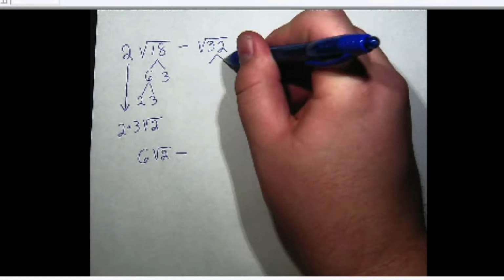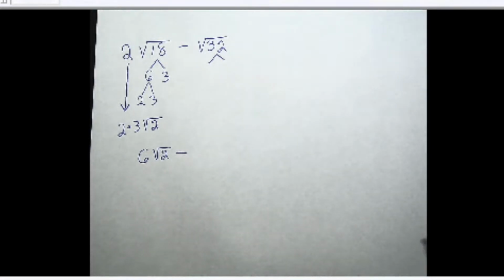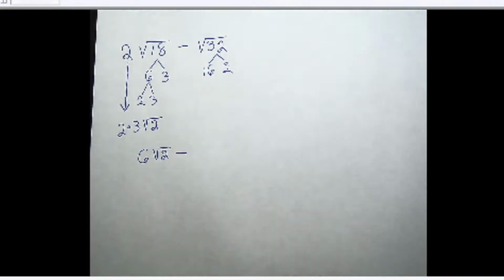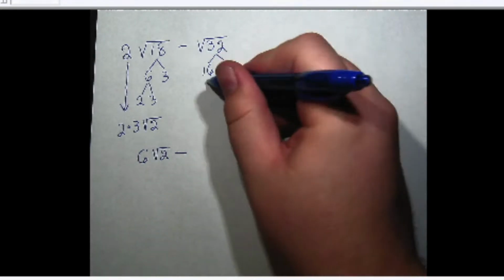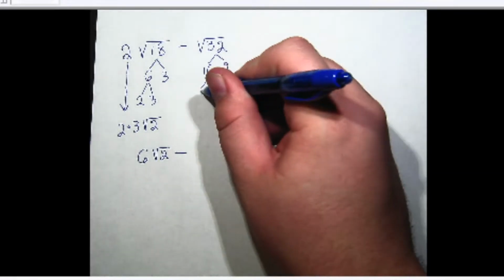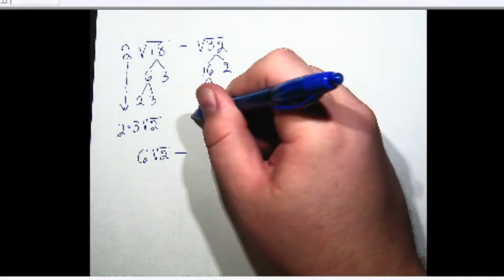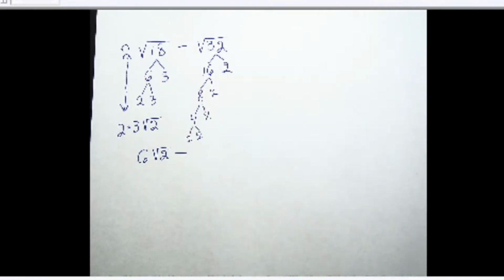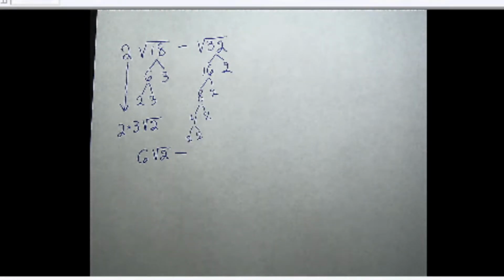32. What are its factors? Then 16. 8. Okay, so how many pairs of 2's do we have? 2 of them.